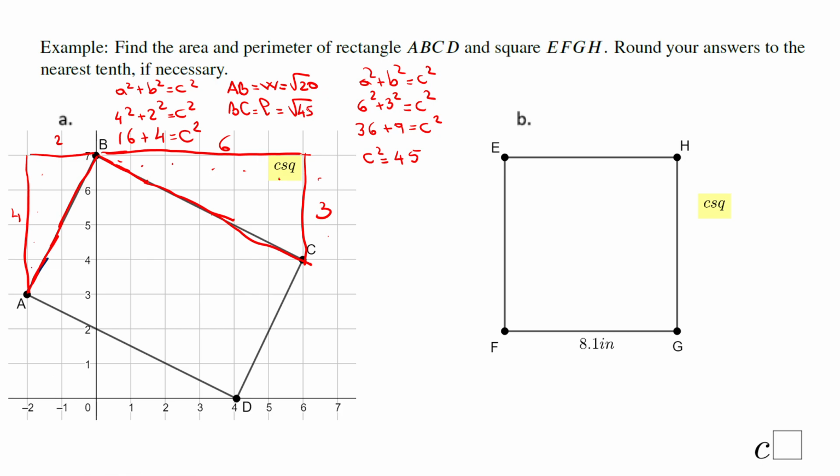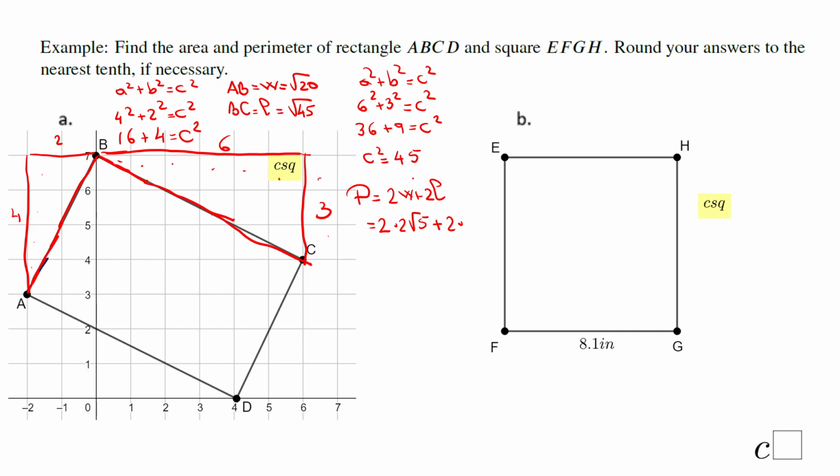Okay, so the perimeter will be twice the width plus twice the length. So we are going to have 2 times square root of 20. The square root of 20 is what? 2 square root of 5, plus 2 times square root of 45.